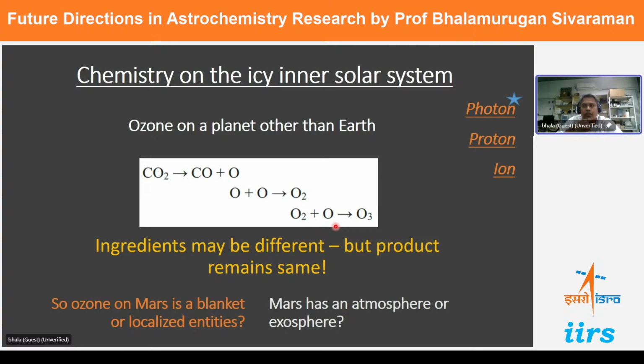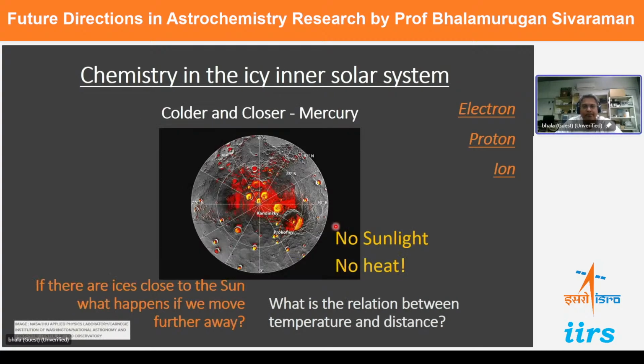So it won't be able to protect all the surface of Mars at one time, in the day side of Mars, by absorbing the harmful vacuum ultraviolet radiation. That's why you need a very good density. The atmosphere concentration has to be very good if you have to protect yourself from the chemistry that is happening because of energy coming from the sun.